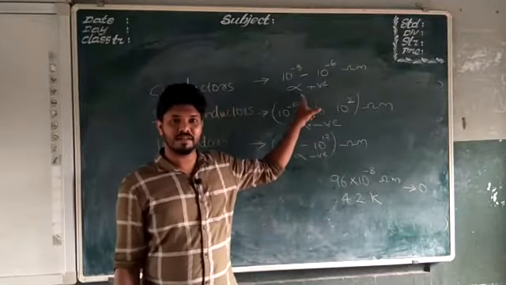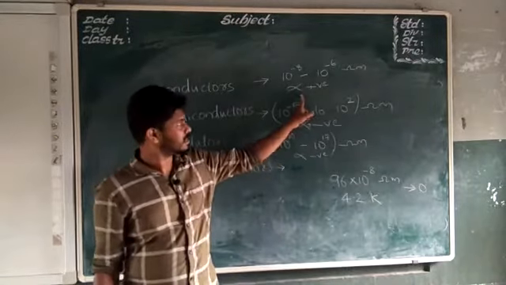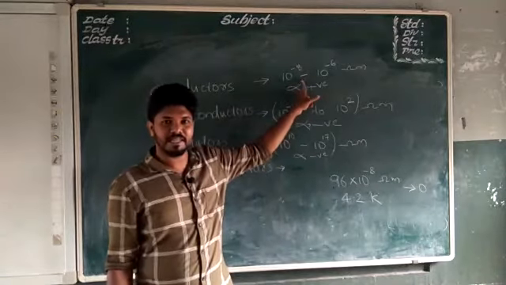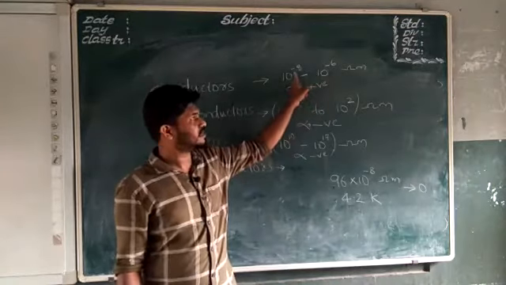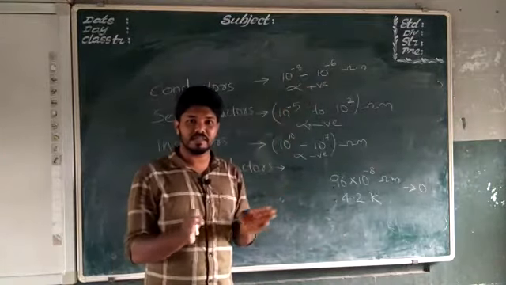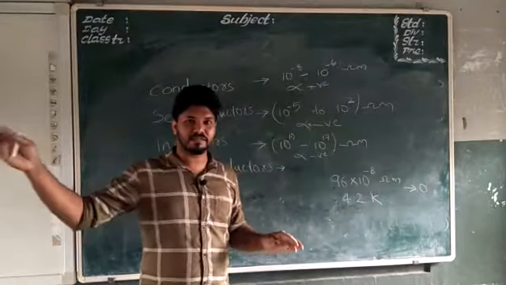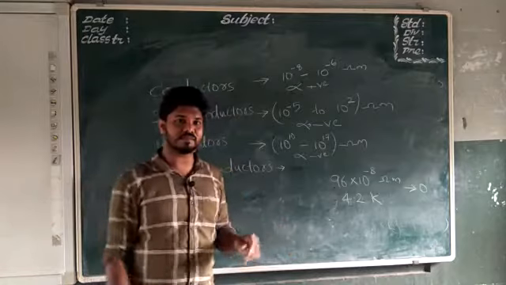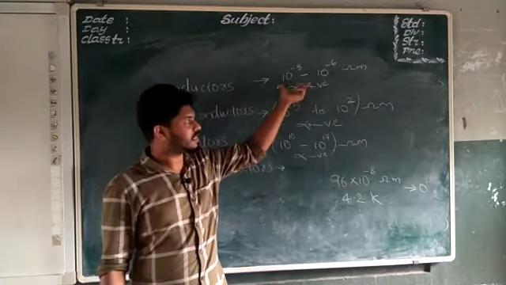Resistivity is just the reciprocal of conductivity. If the resistivity of a material increases, the conductivity will decrease. See here, 10 raised to minus 8 is such a small value, 0.000, after 7 zeros the next digits come. That's why its conductivity is high.